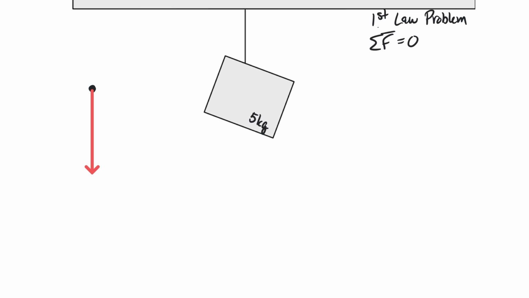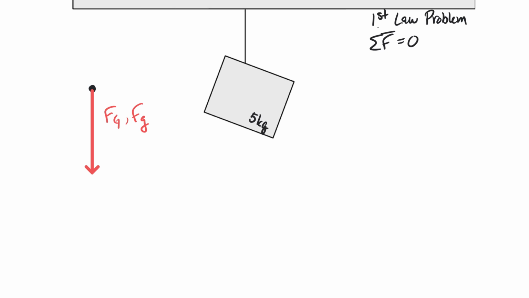You can't use a label that is already a letter reserved for some specific or special value. So capital G is not okay here, even though this is the gravitational force, because capital G also stands for the universal gravitation constant. And so they don't want you mixing that up. You also can't use lowercase g, because lowercase g is the acceleration of gravity. You could, if you wanted, use FG or F lowercase g.